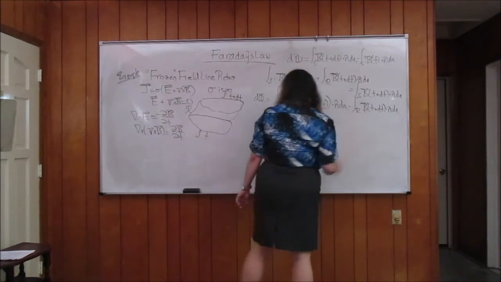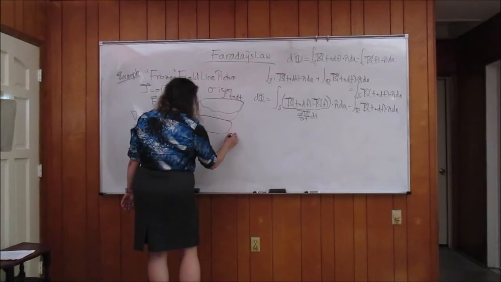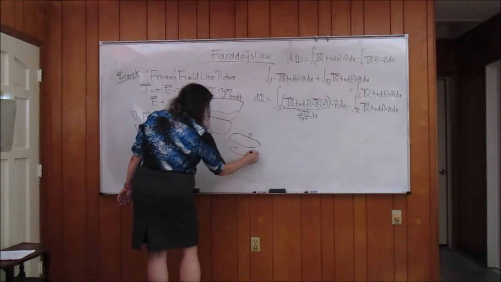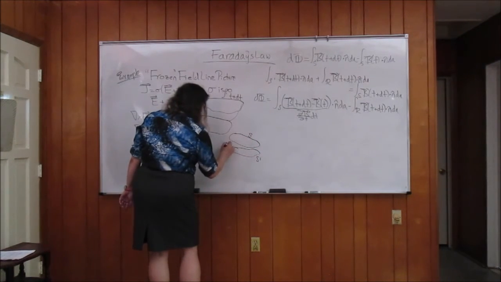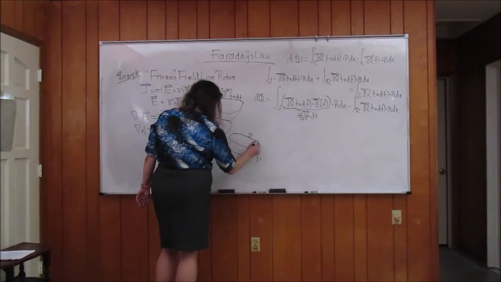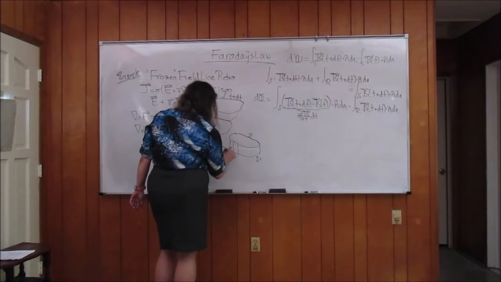Now to evaluate this term, I'm going to draw this a little bit differently. I'm just going to flip things around here. We'll have surface S up here and surface S prime down here, and this will be the ribbon here.